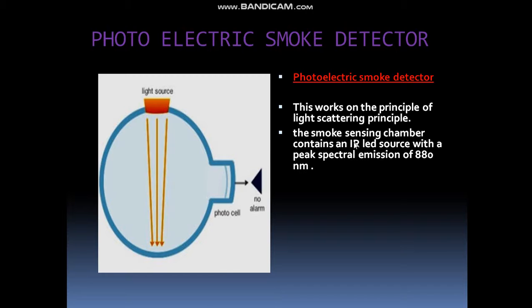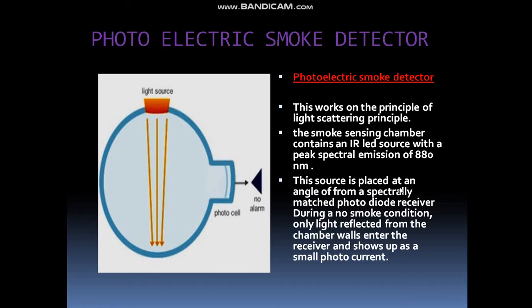This is called the smoke sensing chamber. The smoke sensing chamber contains an IR LED source with a peak spectral emission of 880 nanometers. So the wavelength of the light emitted from the LED source is 880 nanometers. The source is placed at an angle from the spectrally matched photodiode receiver during a no smoke condition.